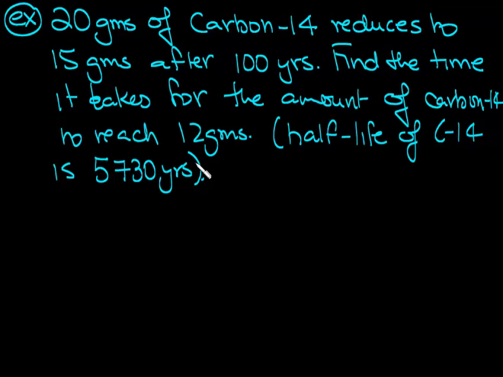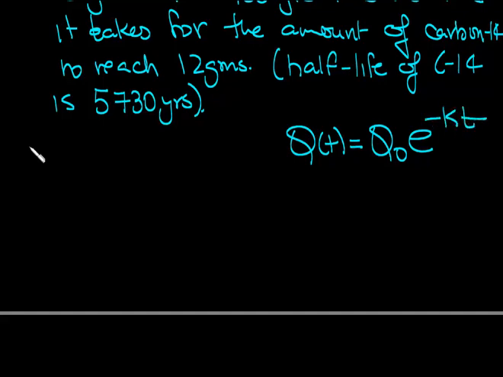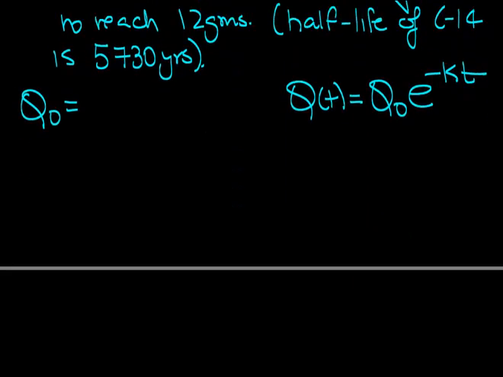Okay, so now you have to realize, we have to do what first? Find the k, and this is a radioactive decay problem, so we need to use the appropriate formula. The formula is: Q of t, the amount of carbon at time t, is equal to Q naught e to the minus kt. Q naught is the amount you started with. In this case, we started with 20 grams.